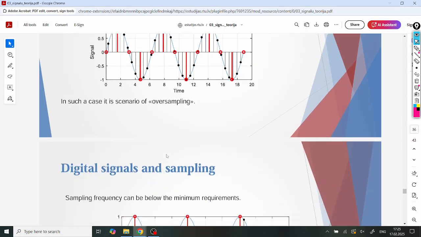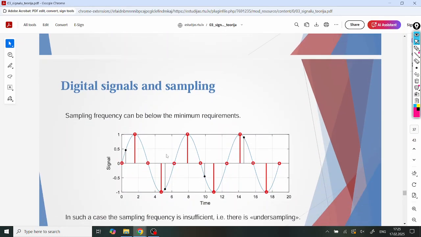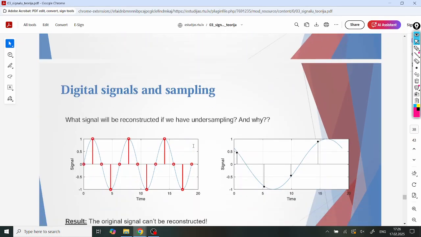Now, if we take a lower frequency than necessary, that is a problem. Because now these black colored points cannot be used to reconstruct your original blue line signal. In case you try to do so, you are going to end up with this kind of signal, which is also harmonic and in fact closely related to the original signal, but it's still some other signal.